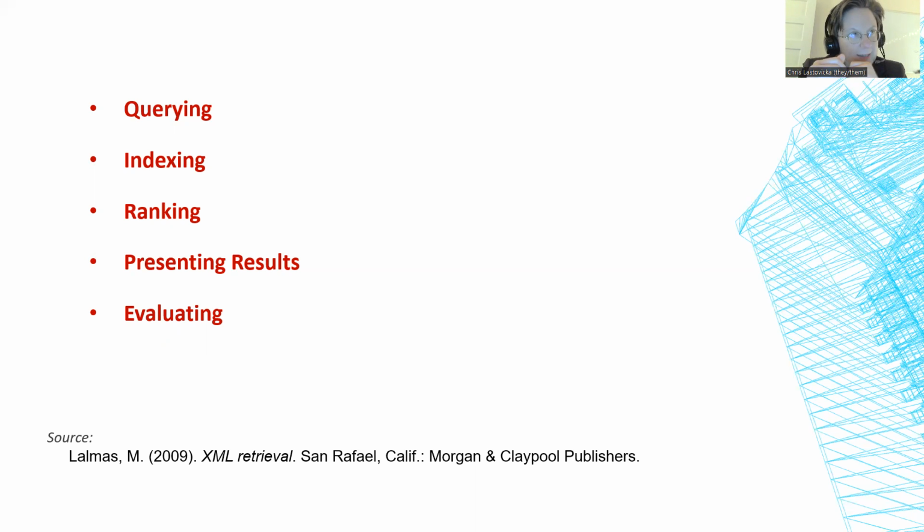The ranking ranks by variability of granularity of these components. The results are presented in an organized way, optimally, hopefully, for the user and the user interface. And then I only know of the INEX test collection, but that's what is used in evaluating and what the authors of the research paper I'm focused on in this presentation use for evaluation.